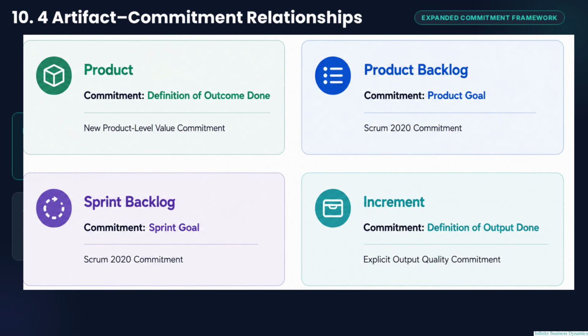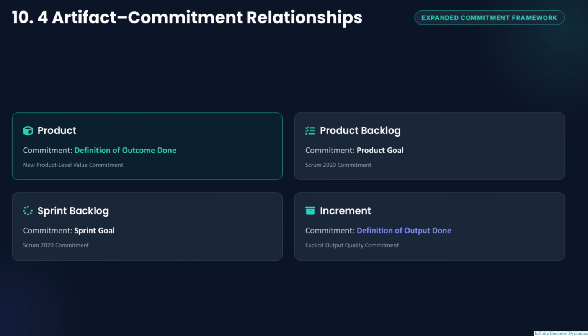And the increment is connected to the definition of output done, establishing the quality standard that the delivered output must satisfy. Together, these relationships create a layered commitment structure: outcome at the product level, direction through the product backlog, focus through the sprint backlog, and quality through the increment.